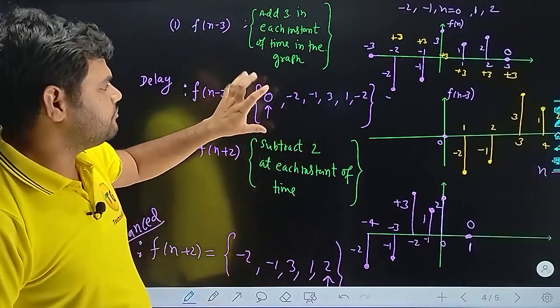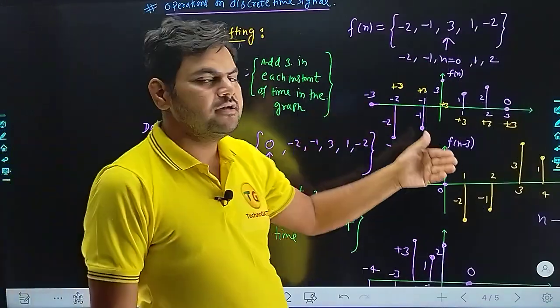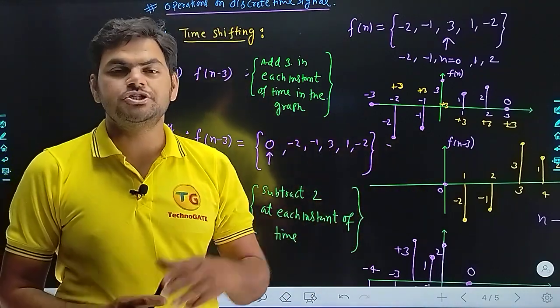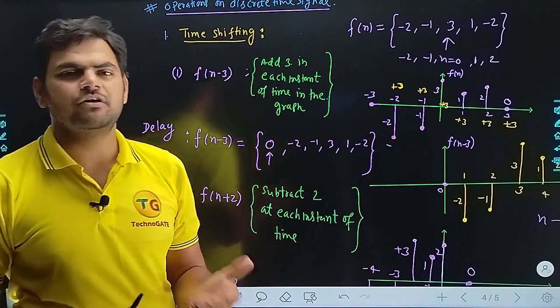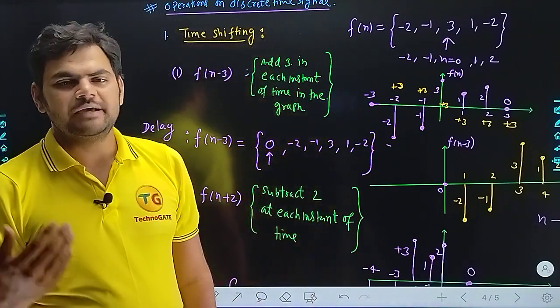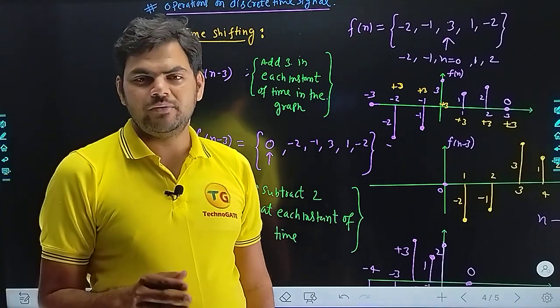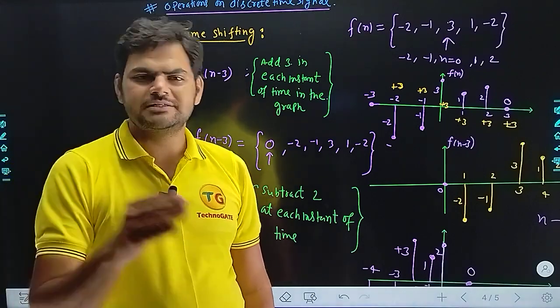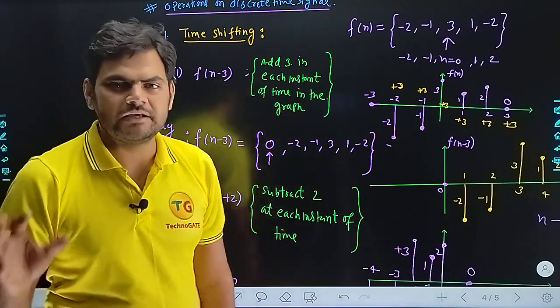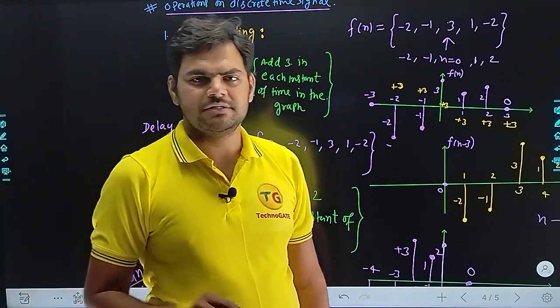Basically we are adding extra zeros into the sample. That is called zero padding or zero appending of the discrete time signal. To perform the time shifting operation, it may be required to add extra zeros on the right side of the signal, or maybe on the left side of the signal.